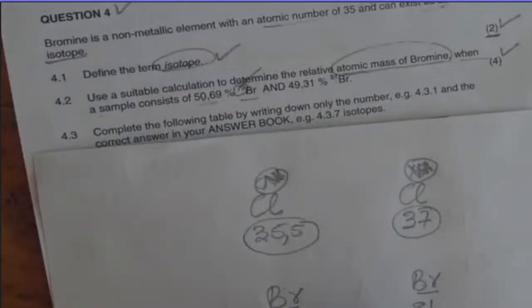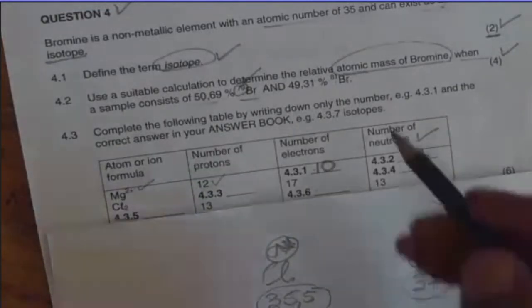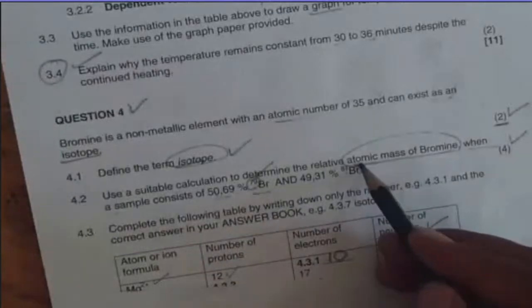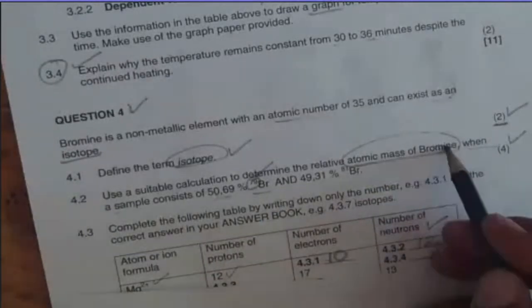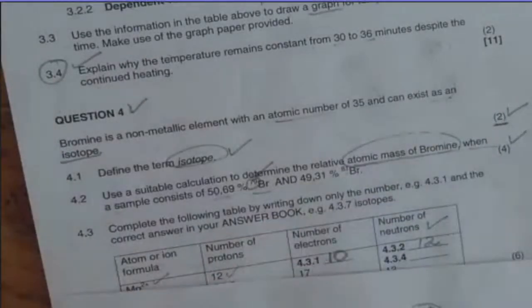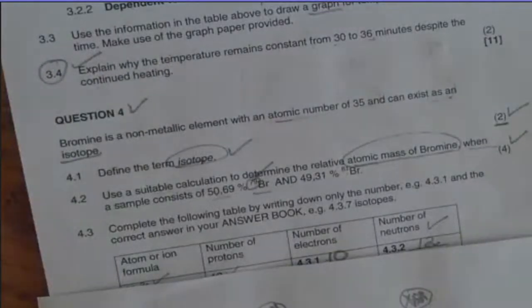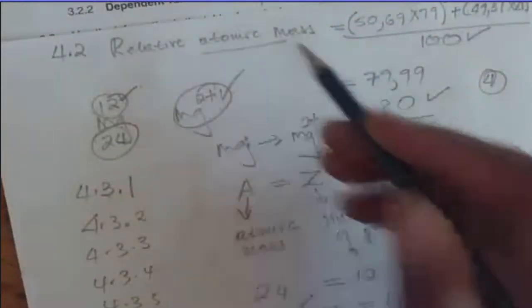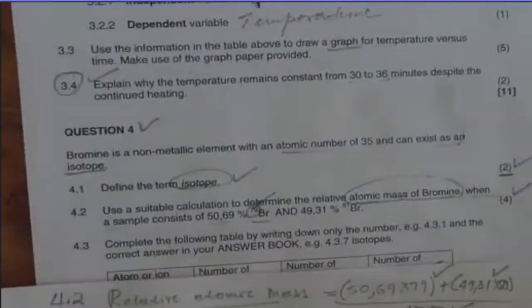What we need to consider is 79 and also 81. What is different is the mass number. So what we need to calculate is the atomic mass of the bromine. I think Mr. Nambani made it clear on that one. Now to calculate relative atomic mass, what is given there?